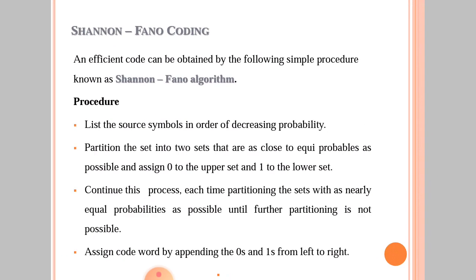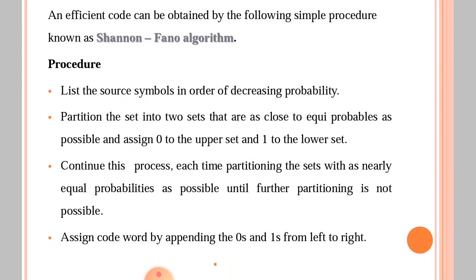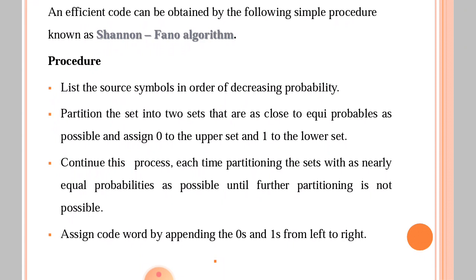Shannon-Fano coding, an efficient code, can be obtained by the following simple procedure, known as the Shannon-Fano algorithm. Procedure: list the source symbols in order of decreasing probability, partition the set into two sets that are as close to equiprobable as possible, and assign 0 to the upper set and 1 to the lower set.